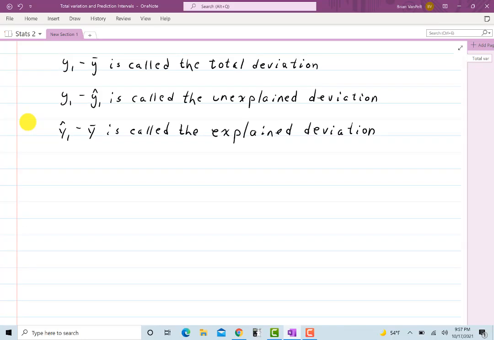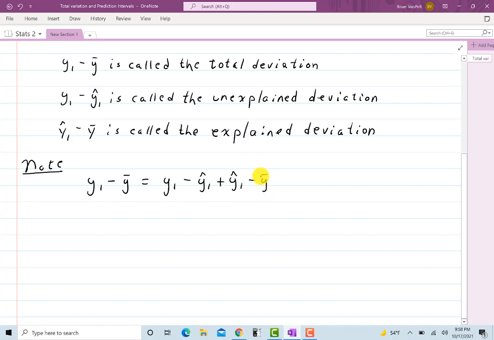Then we have variation. Note, if I take the total deviation, so I do y1 minus y bar, and simply put in a y1 hat, then you'll notice that I have this breakdown. On the left, y1 minus y bar was the total deviation.